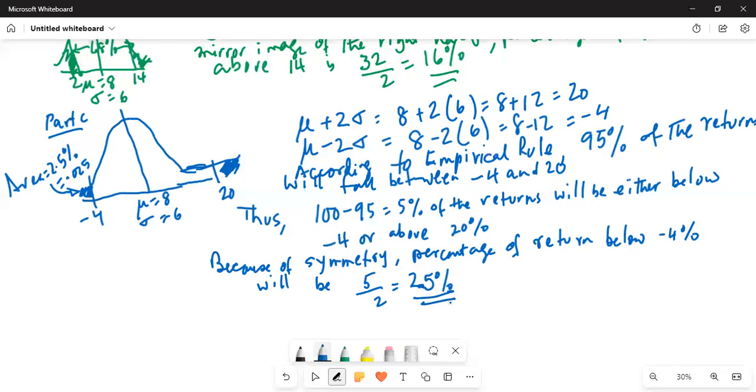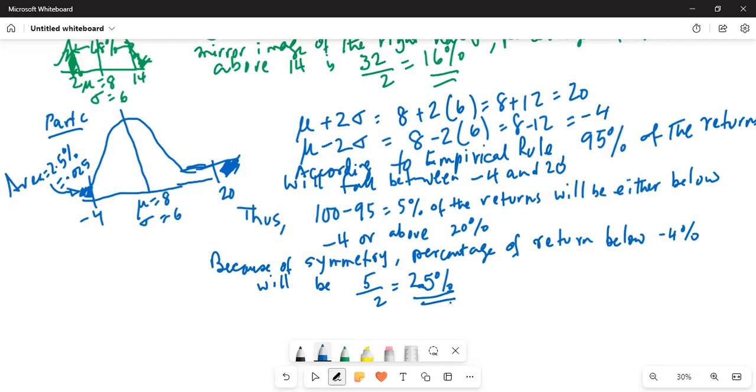If you go 2 standard deviations on the right and left of the mean, you will cover 95%. Like I did in this problem, the remaining above 2 standard deviations and below minus 2 standard deviations is 100 minus 95, which is 5. Then there is symmetry. Symmetry means the left half is equal to the right half. So you take that 5 and divide it into 2 equal parts, so 2.5% of the returns will be below minus 4.